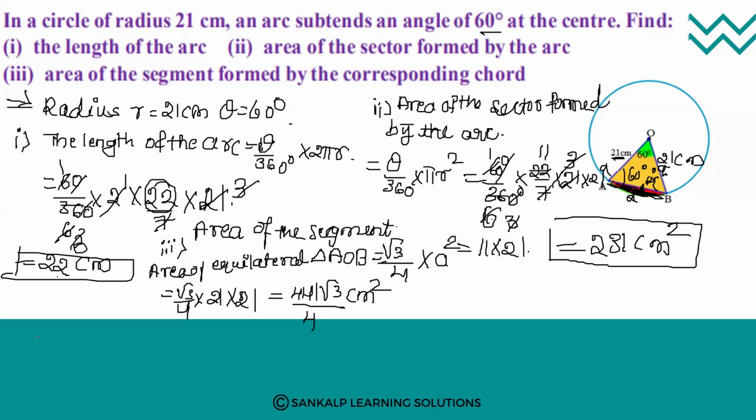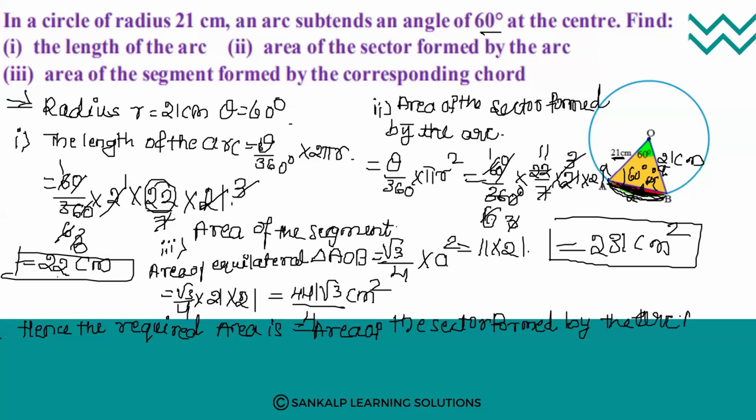So hence the required area is the area of the sector formed by the arc AB, which is the arc here, minus the area of triangle AOB.